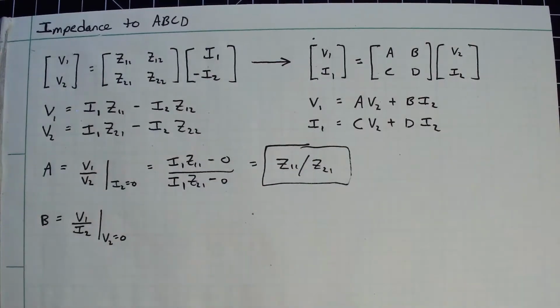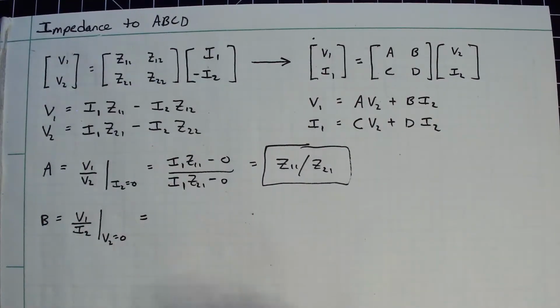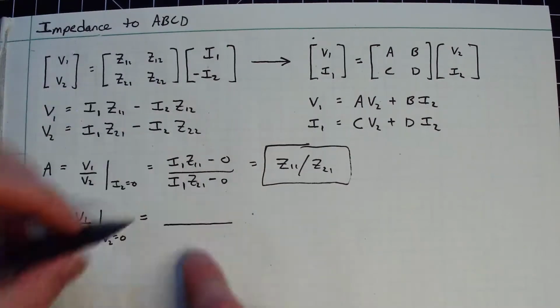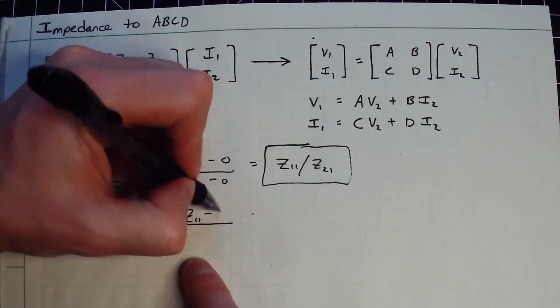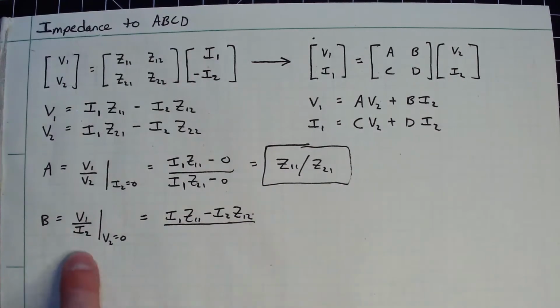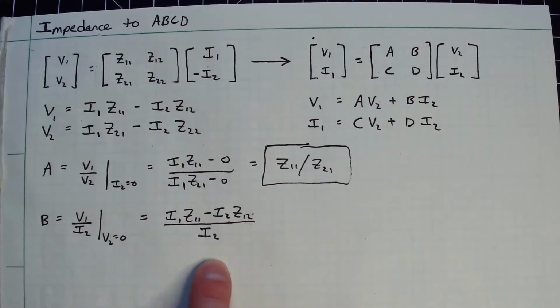So we'll just plug that in. Now this gets a little bit more complicated. So I can see V1 in the numerator here is equal to I1 Z11 minus I2 Z12. And then I have this I2 in the denominator like that.